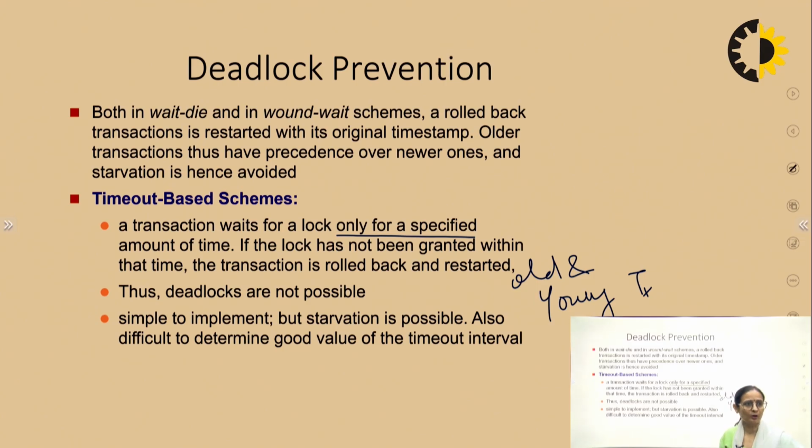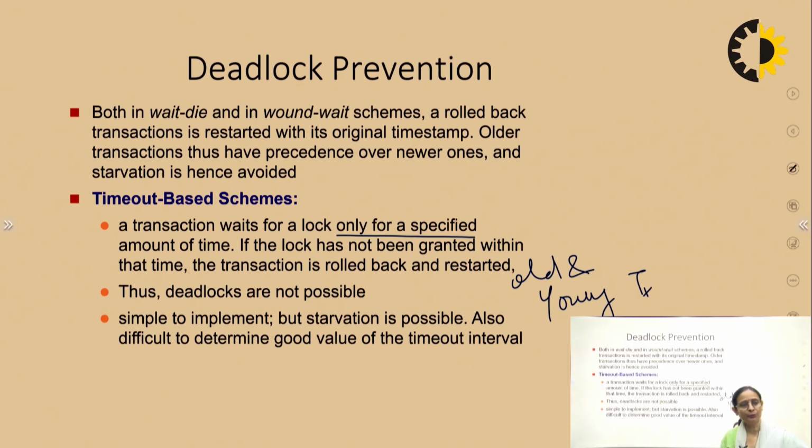Thus, deadlocks are not possible in this case, because let's suppose my waiting time is 5 seconds. Then if a transaction goes into the waiting state, it will wait only for 5 seconds, and if within the 5 seconds it gets hold of that data item, then it's okay, it will continue its execution. But if it doesn't get that data item, then it will roll back.